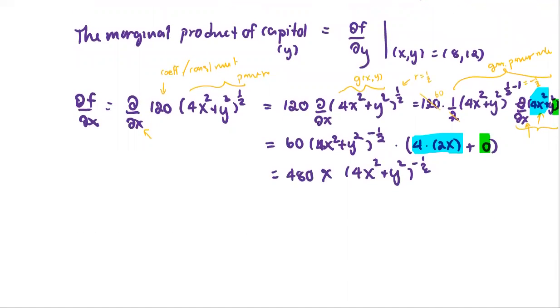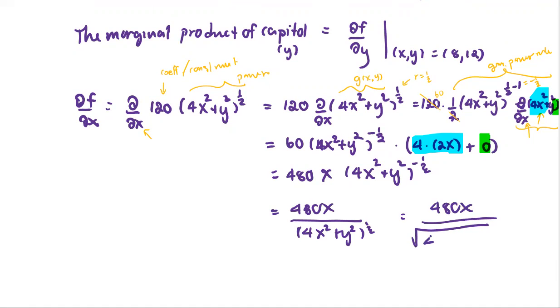And recall, the negative power is the reciprocal of the positive power. So I'm going to write it in a form that is easy to manage: x squared plus y squared to the power 1/2, and the power 1/2 is the square root of x squared plus y squared.